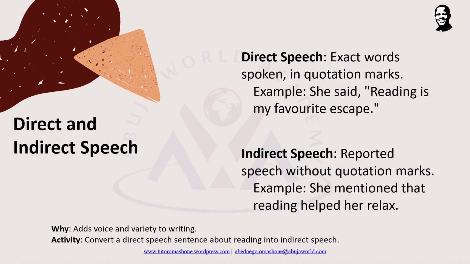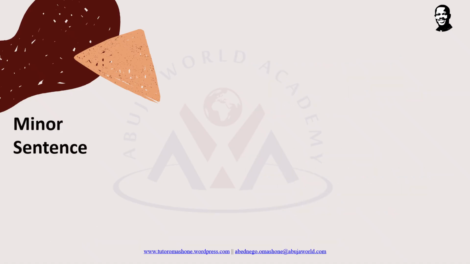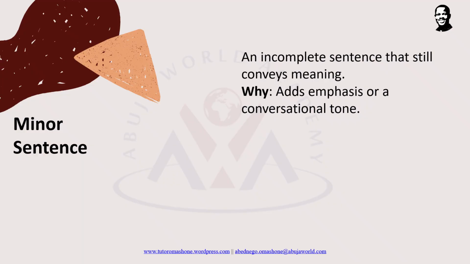Next, we'll look at minor sentences. A minor sentence is an incomplete sentence that still conveys meaning. You should know that minor sentences don't conform to the regular rules of grammar. All right, they don't conform.